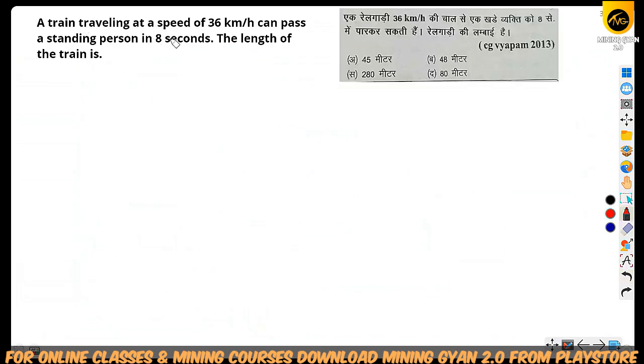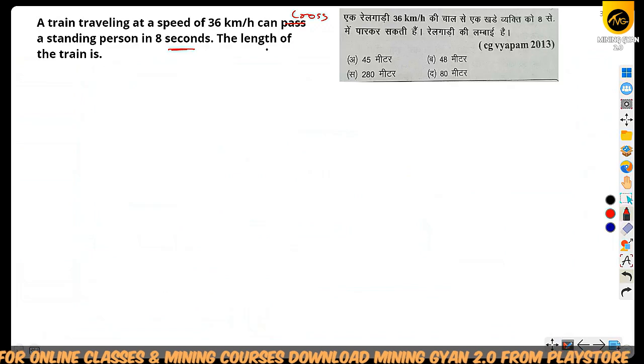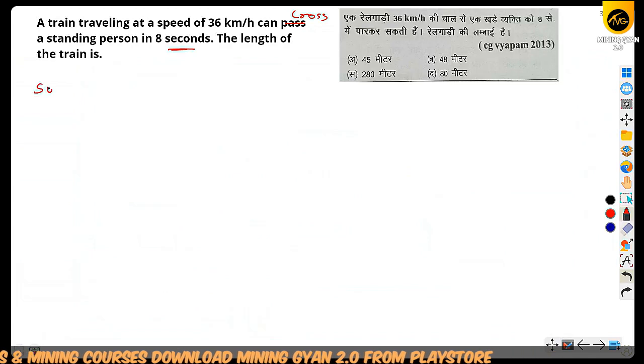A train traveling at a speed of 36 km per hour can cross a standing person in 8 seconds. Then the length of the train is. So basically we have to find the length of the train. This is the first type of question.